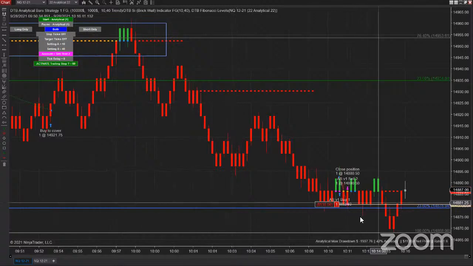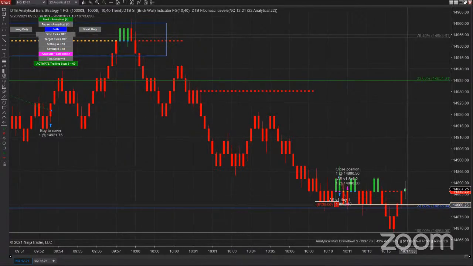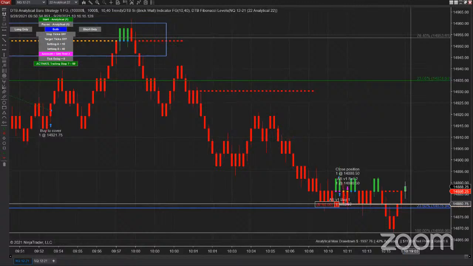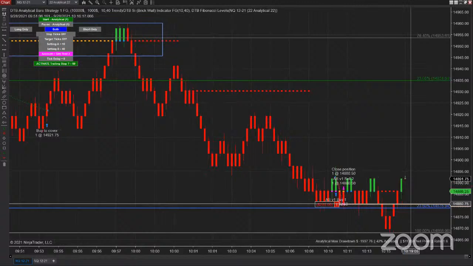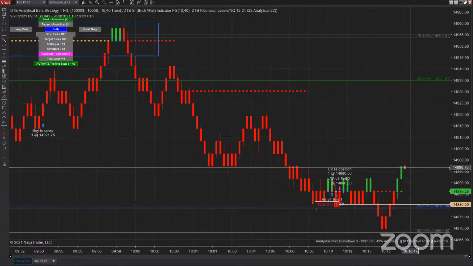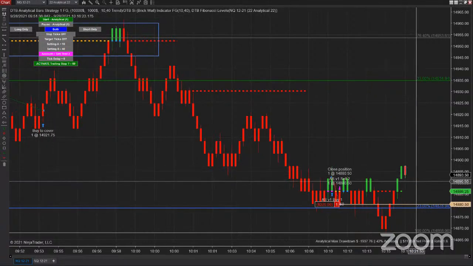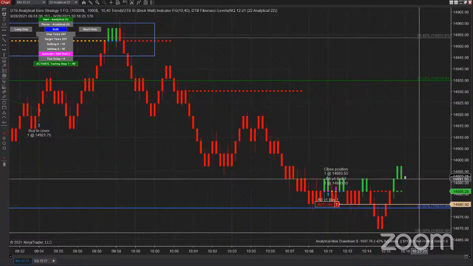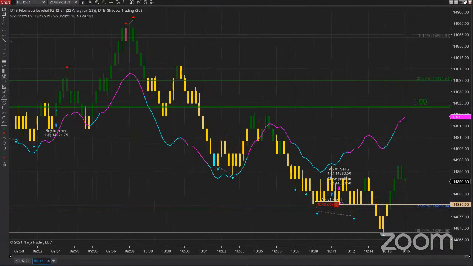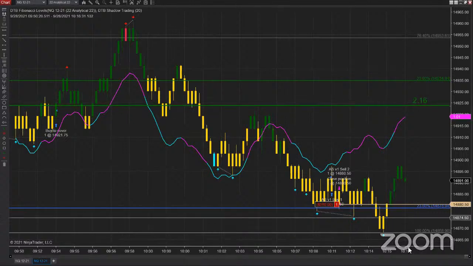So looking at that, a brick wall as a Fibonacci level. Look what the indicator looks like. A little bit iffy here.